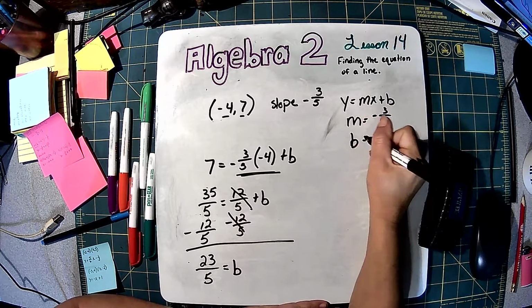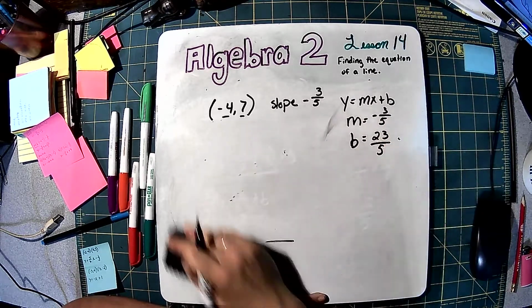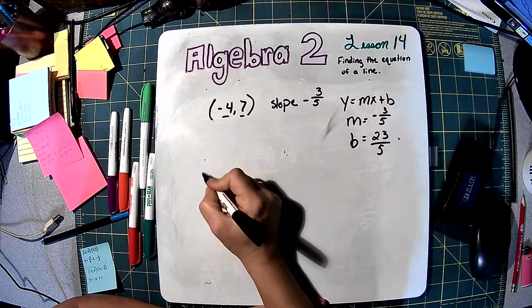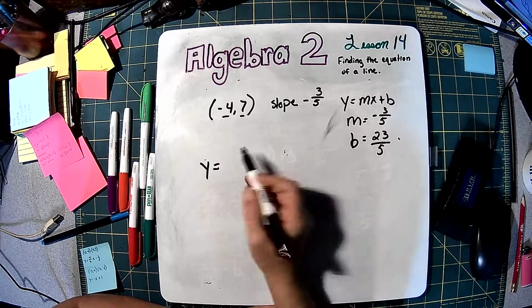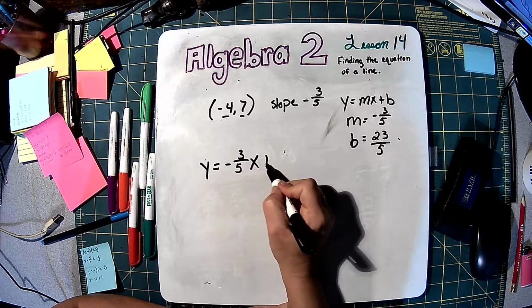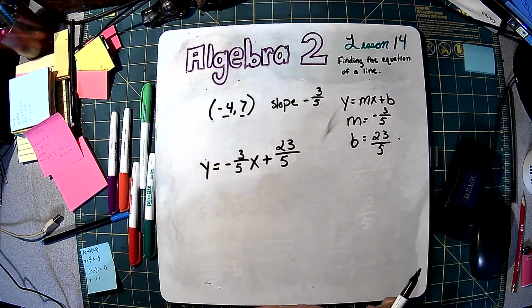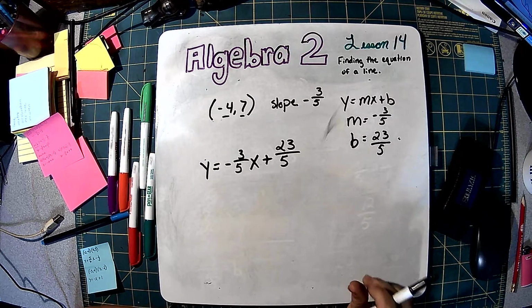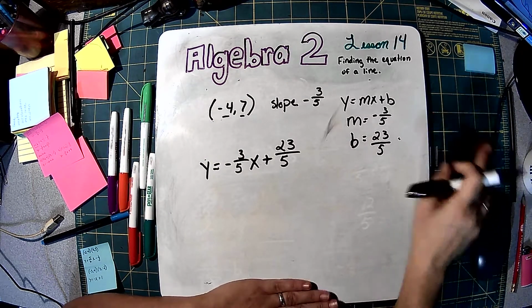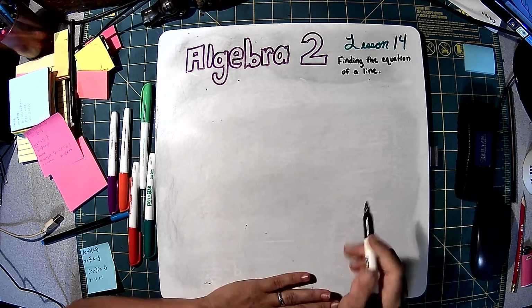So b equals 23/5. And now we're just going to write our equation with that. Y equals m, which is -3/5, x plus 23/5, mx plus b. All right, go ahead and pause the video and do the practice problems, and then I will work them for you.